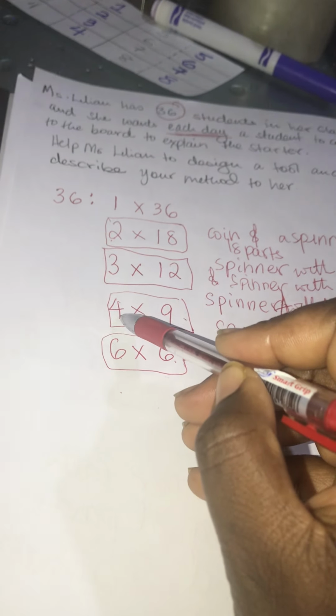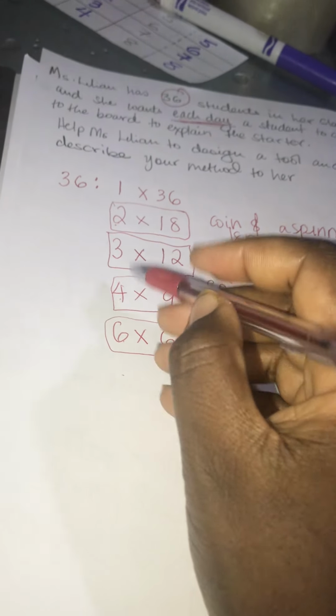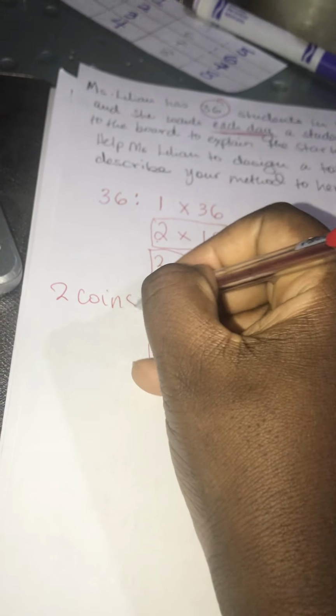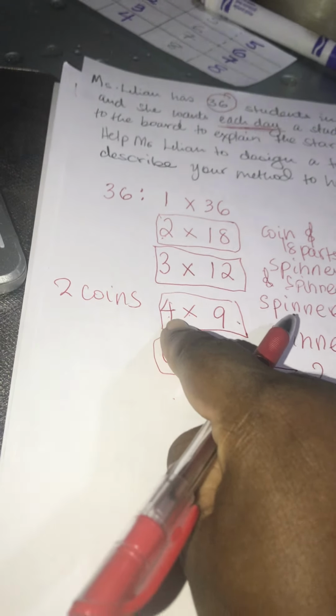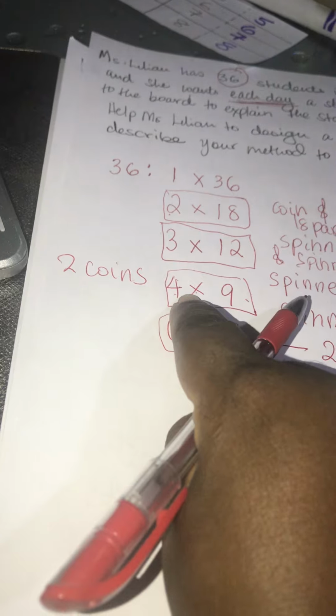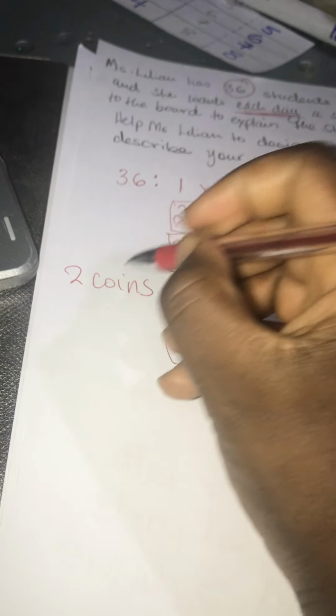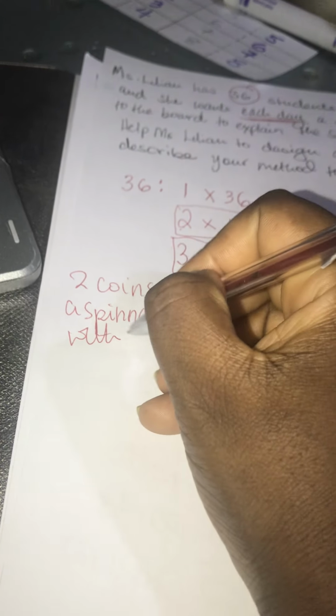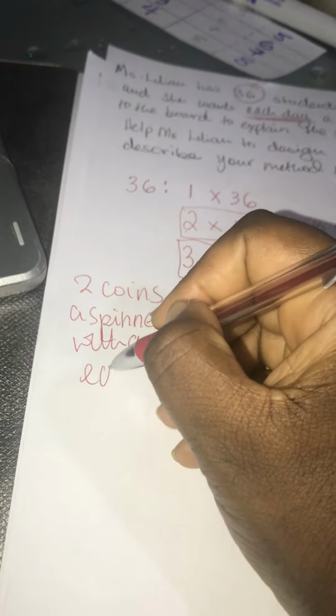Over here, I can use two coins and a spinner, because two coins will give me 4 outcomes. And then a spinner with 9 equal parts.